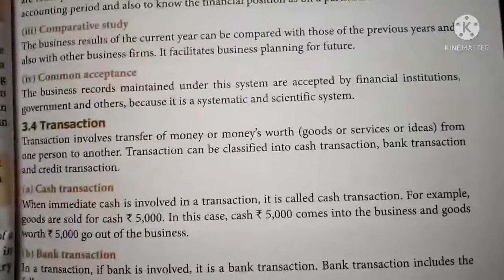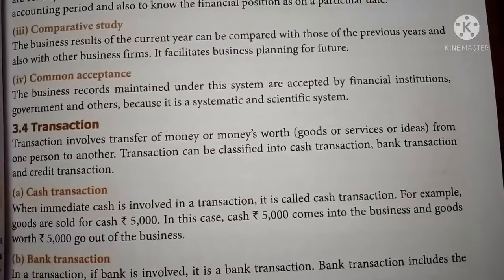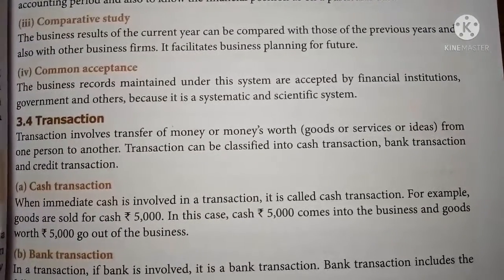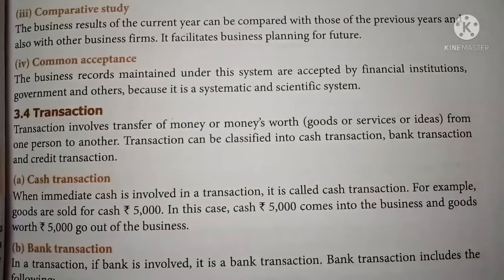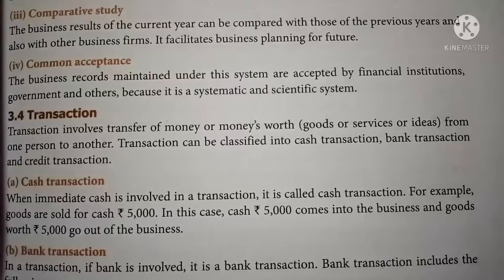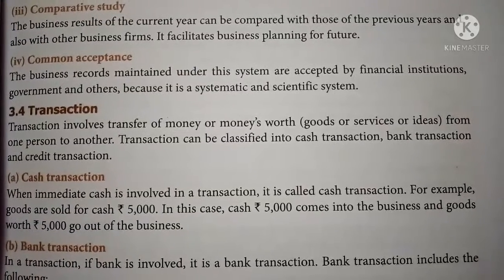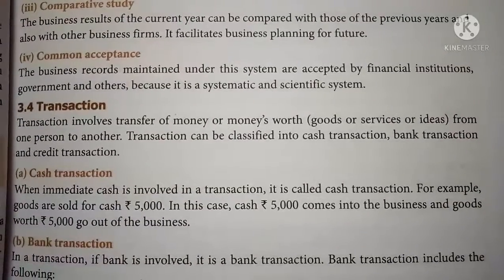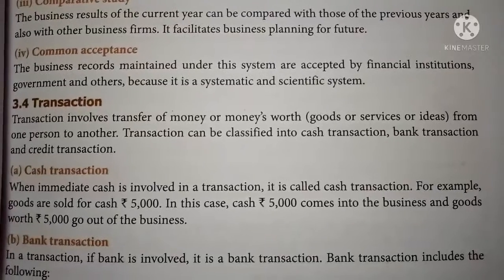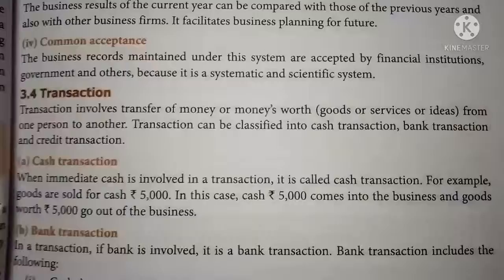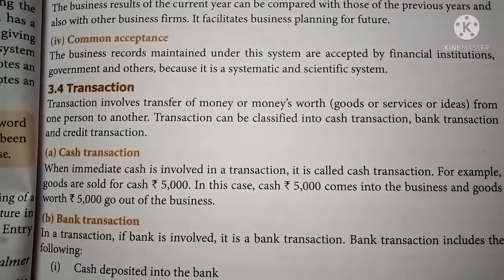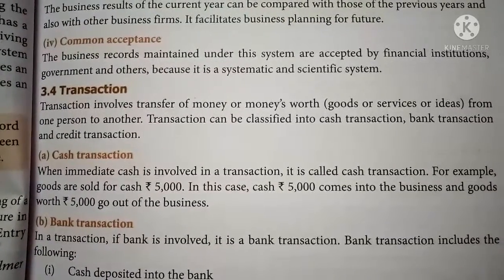Cash transaction means immediate cash is involved in a transaction. Whether we have purchased goods and cash is paid, or sold goods and cash is received, or whatever the expenses or income, immediate cash is involved, that is, exchange of cash from one person to another. That type of transaction is called a cash transaction.